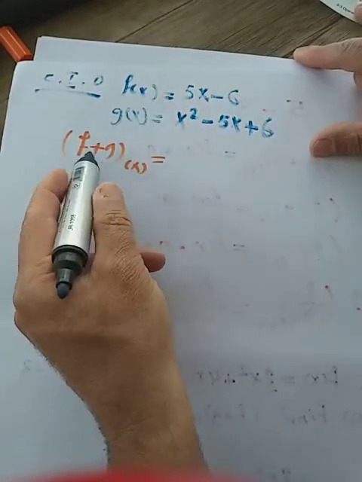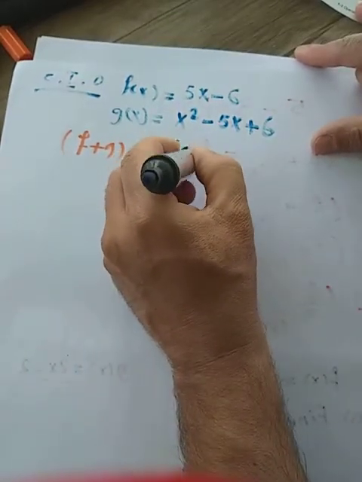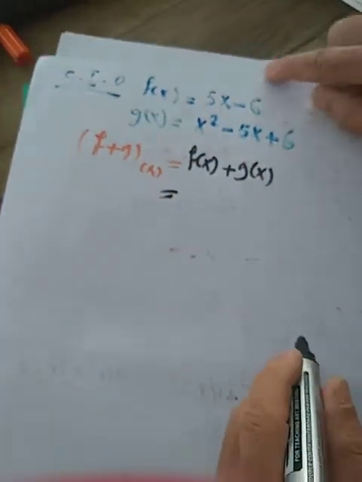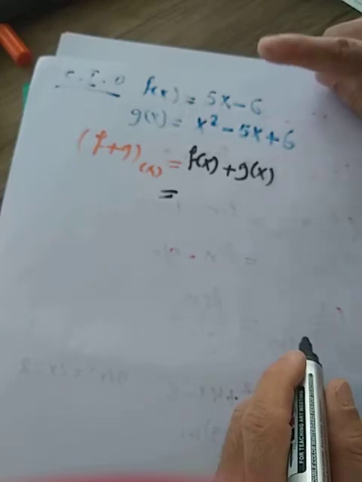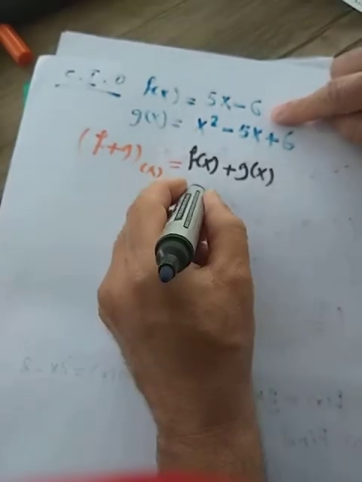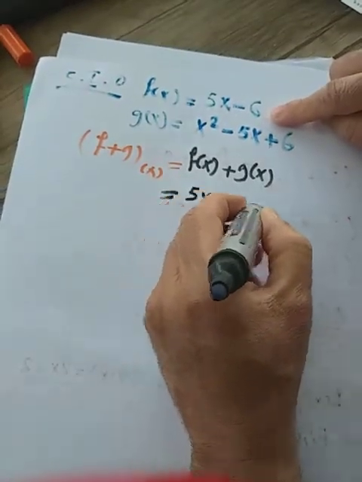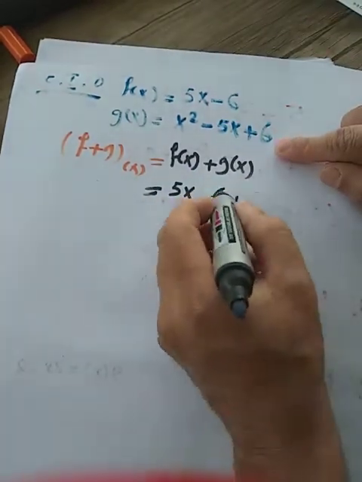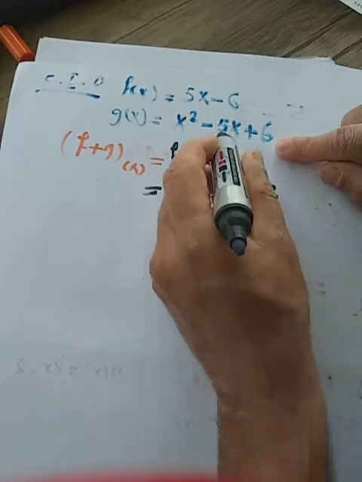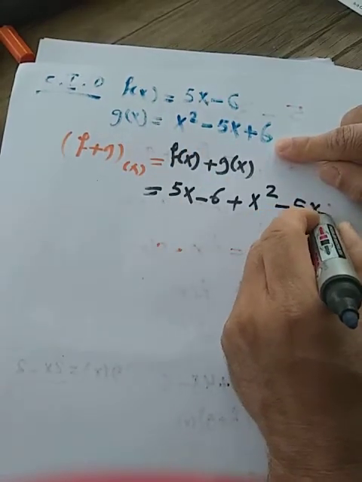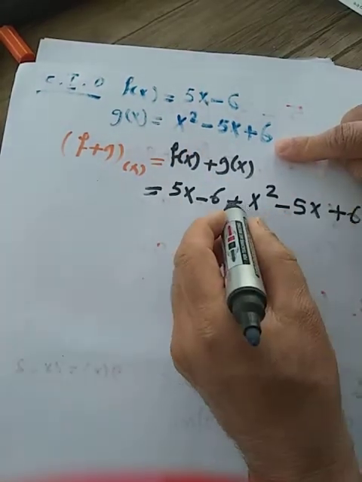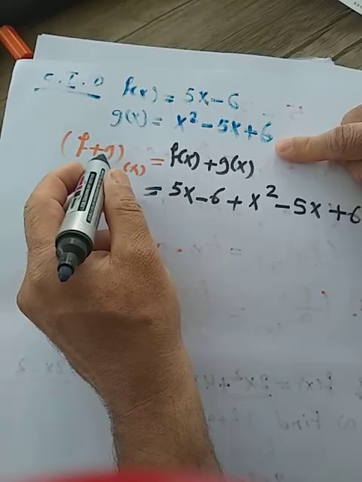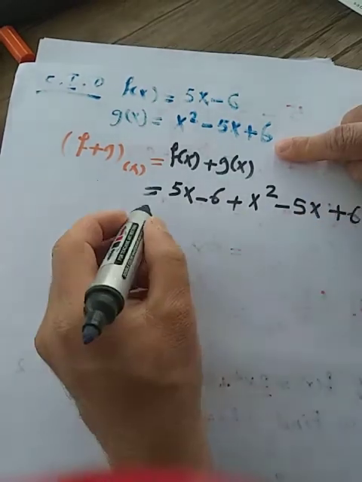You have plus, then f of x plus g of x equal to, what's f of x? 5x minus 6 plus g of x. For plus, we don't need the bracket. Don't write the bracket for addition. For minus, write the bracket.